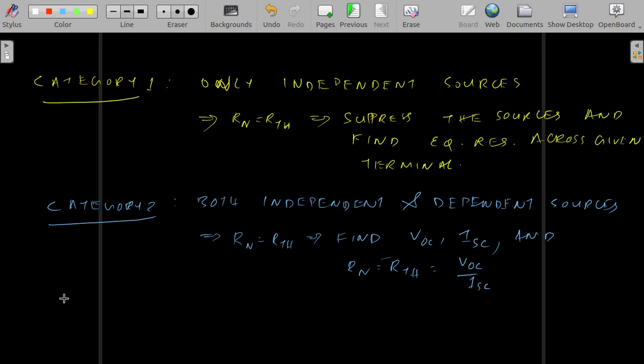Then category 3. Here it becomes a little bit tricky because there are only dependent sources.